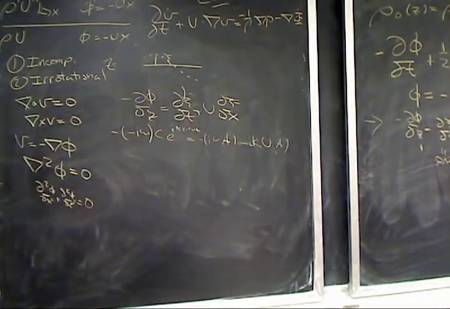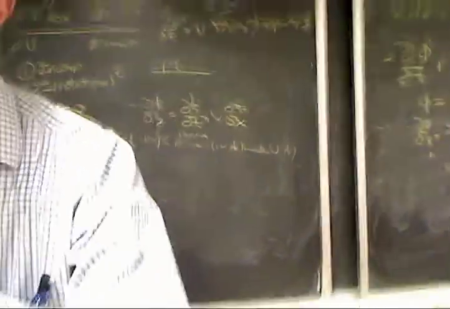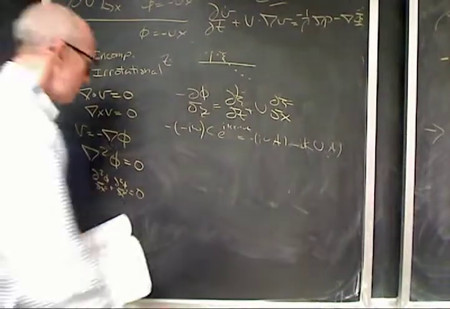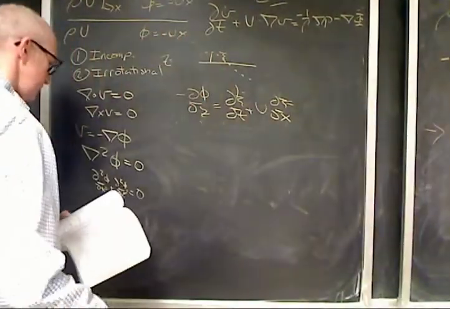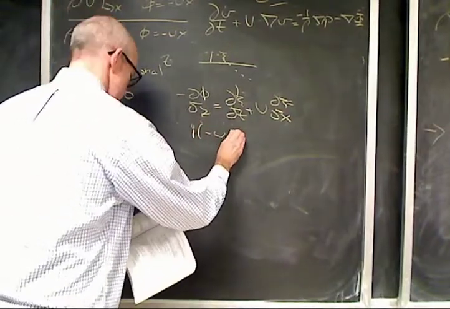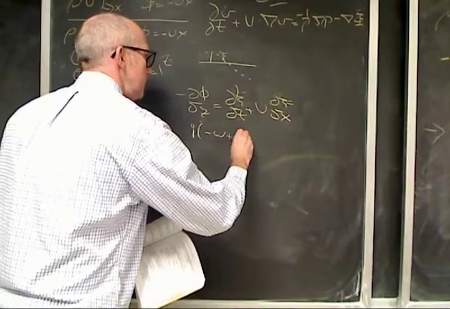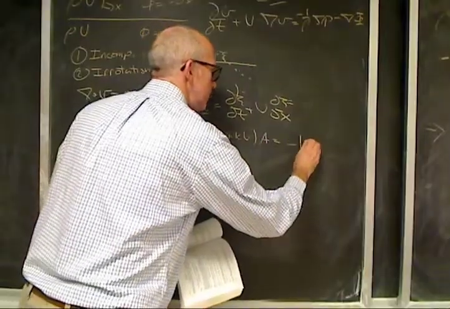Did I do that right? Let me rewrite that again without screwing up the minus signs. I times minus omega plus k u times a equals minus k times c.